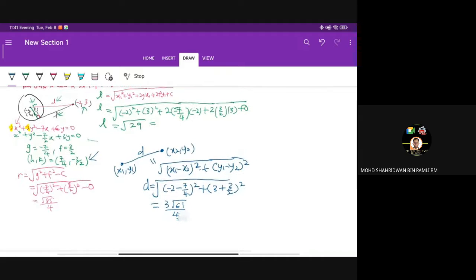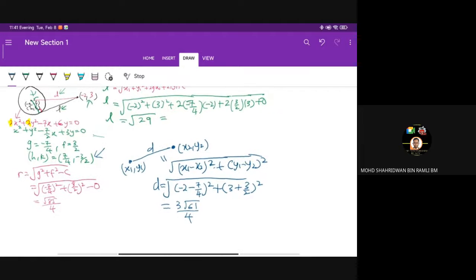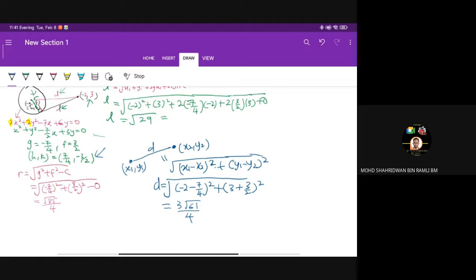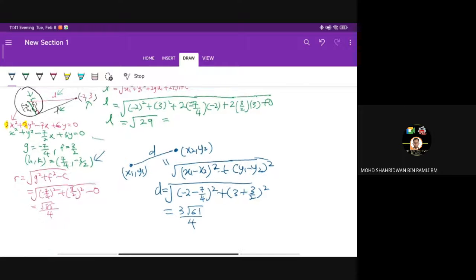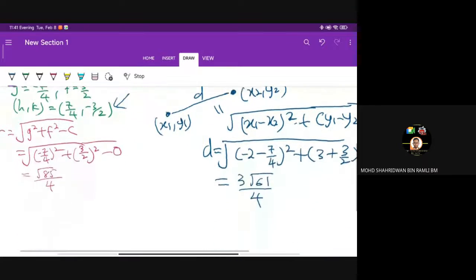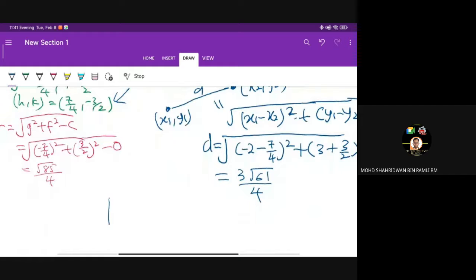Because this is a right angle triangle, we can apply the Pythagoras theorem. You have L and R, something like this. This is the center and this is (x1, y1). This is the line of tangent that you need to find. This is D, which you already have as square root of 361 over 4.